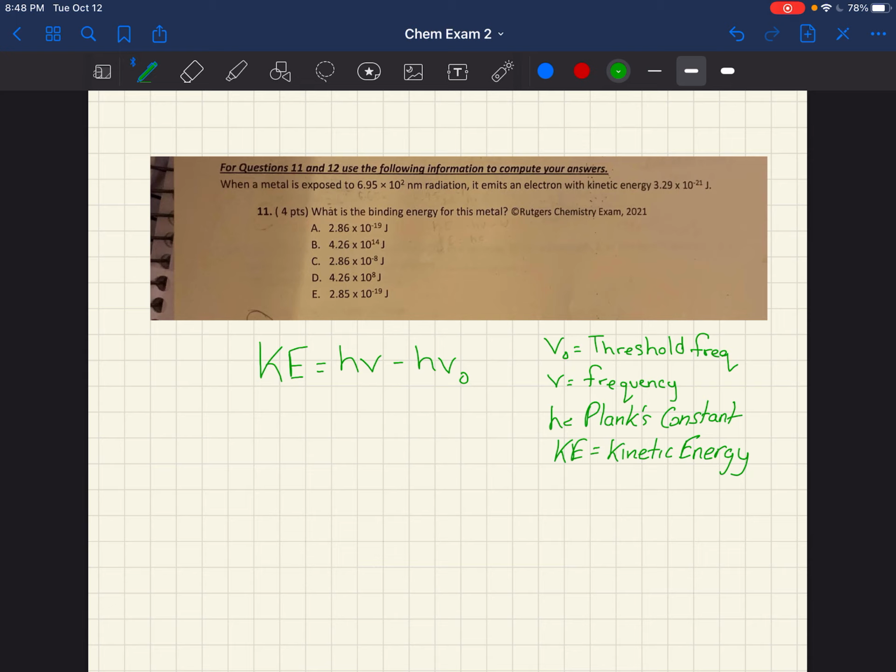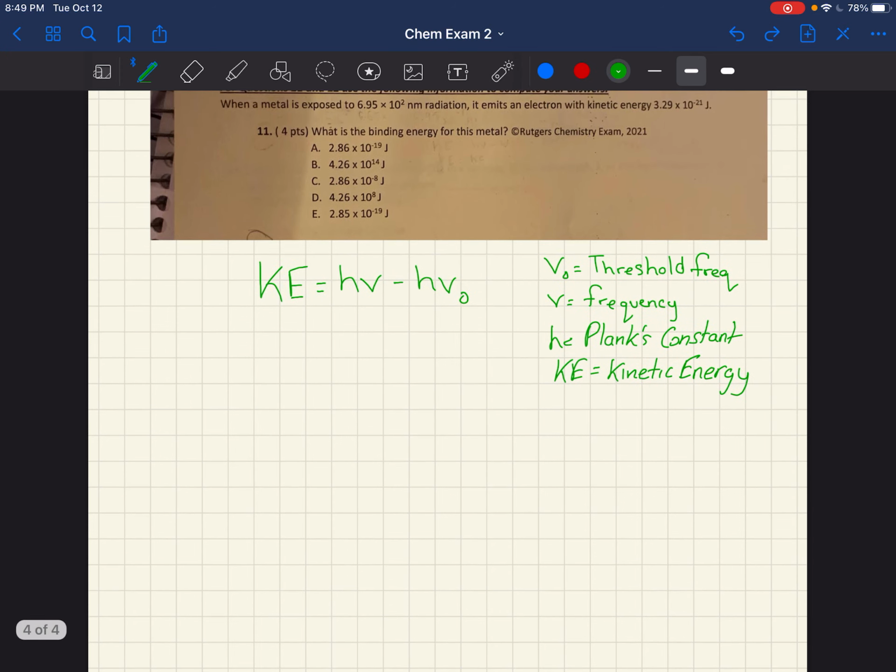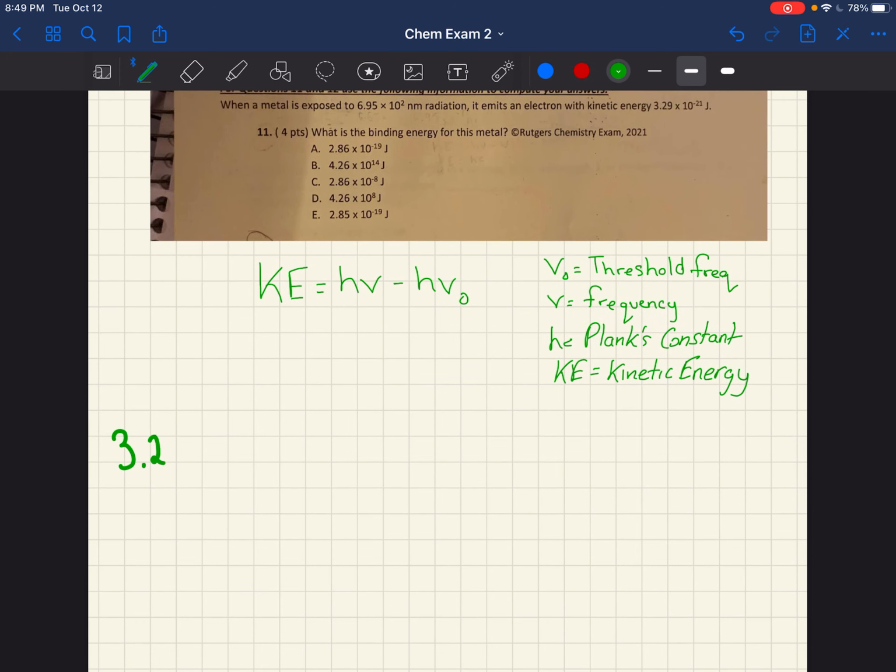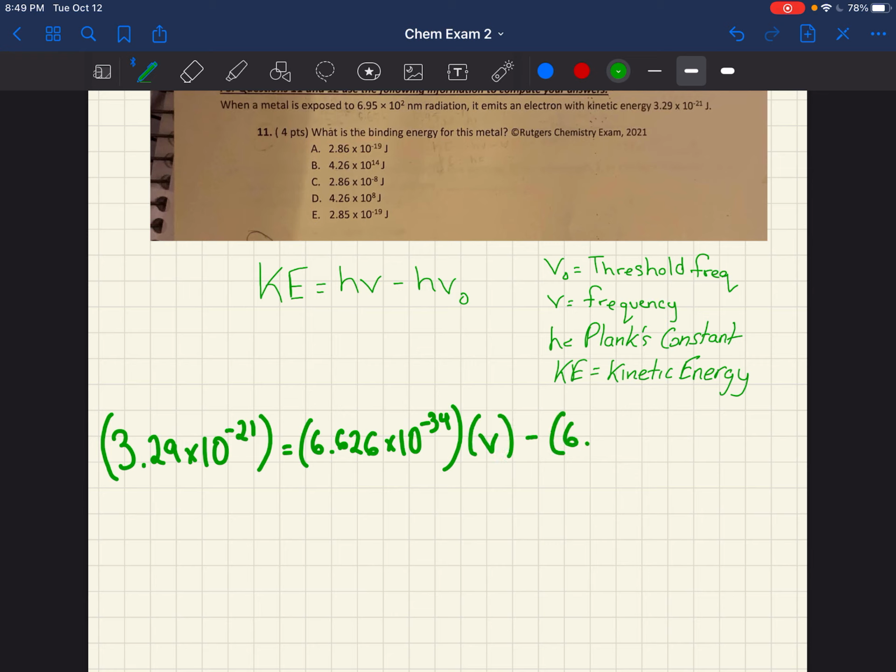Something like this. I'm going to use a bigger marker so you guys can see. 3.29 times 10, actually, I'm going to run out of space, so how about we do it a little below? 3.29 times 10 to the negative 21st equals Planck's constant, which is 6.626 times 10 to the negative 34, times V, minus 6.626 times 10 to the negative 34 times V0.